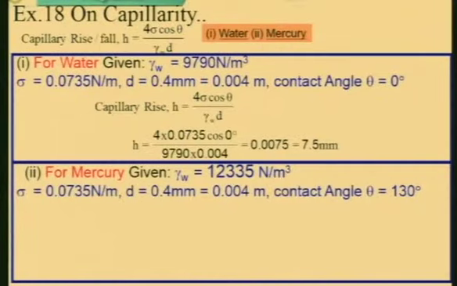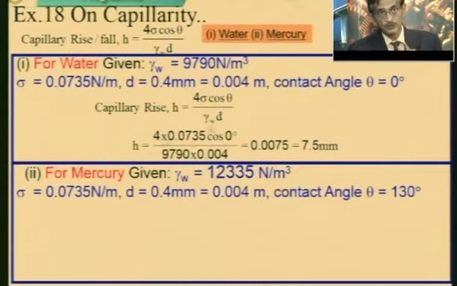First case we will take for water. The formula, as you know very well, H, that is capillary rise or fall, is equal to 4 into sigma cos theta divided by gamma w into d, correct. Now, in this case substitute the values: H is equal to 4 into 0.0735, which is the surface tension value, into cos 0 degree divided by 9790 into 0.004.